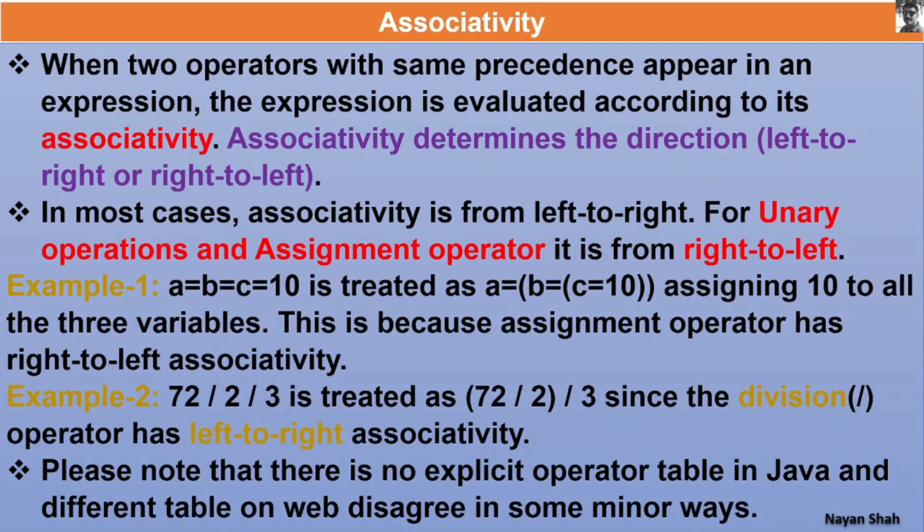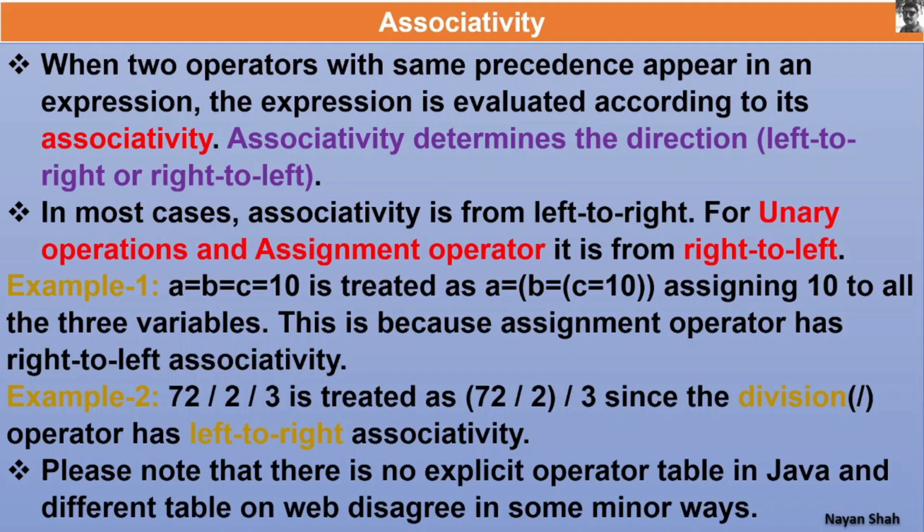Associativity determines the direction, whether left to right or right to left. In most cases, associativity is from left to right, but for unary operators and the assignment operator, it is from right to left. Remember this because the board quite often asks this.